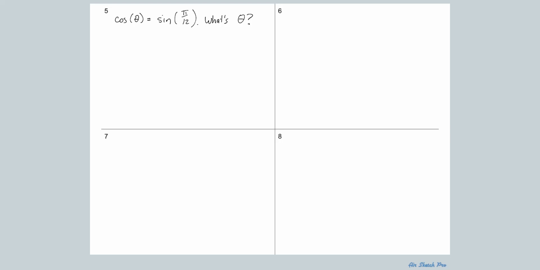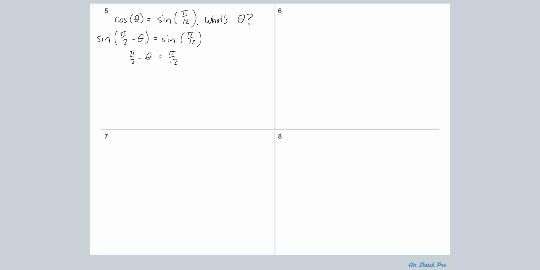What I showed on the board a moment ago would work like this. You could say that cos theta is the same as sine of pi on 2 minus theta, because we just did that. And that equals the sine of pi on 12. Therefore, pi on 2 minus theta equals pi on 12 by equating arguments.